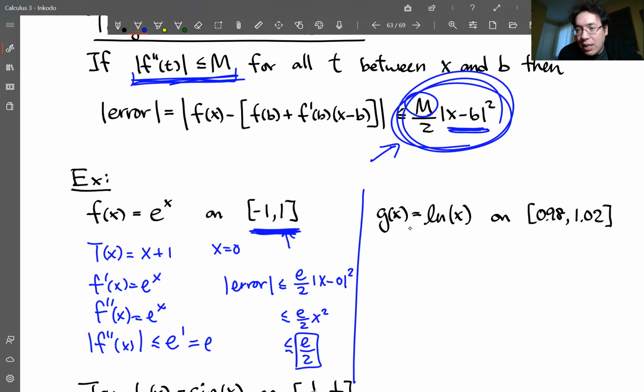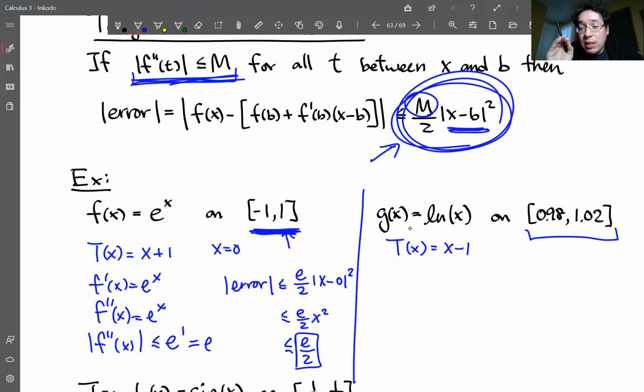Let's try that again with the function natural log of x. So the tangent line for this one happened to be x minus 1. And let's see how close this line gets to natural log of x. And let's say we're looking at a very close interval here.